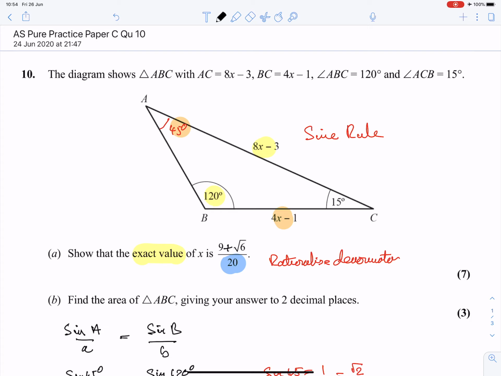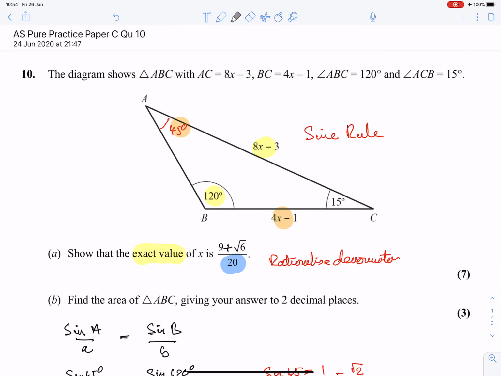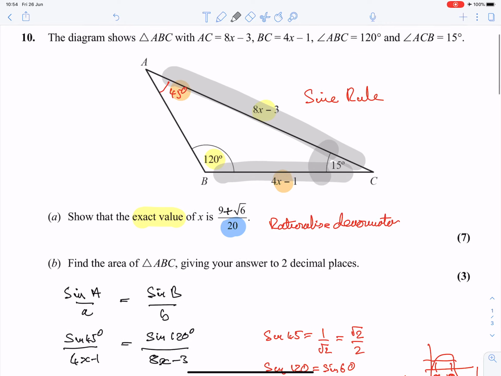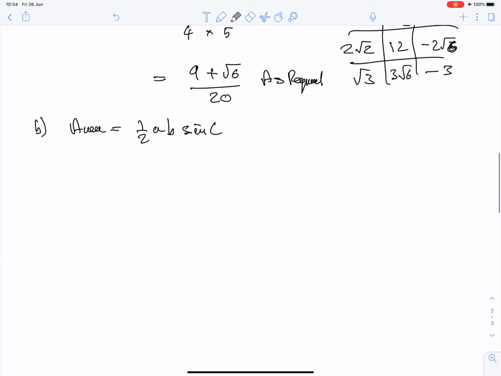Well, the 2 sides we know are here and here with the angle of 15. So we're not going to get an exact answer this time, which is probably why it said work out to 2 dp. And we're not going to get an exact answer because it's sine of 15, which we do not know. It's not one of our standard angles.